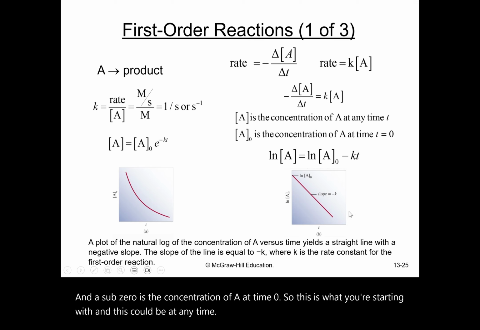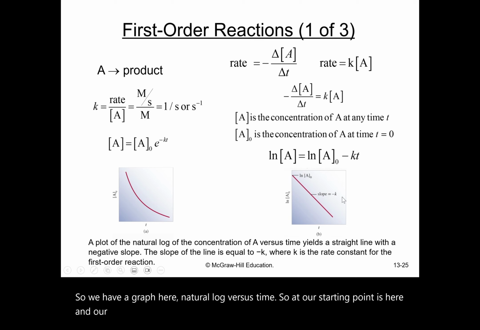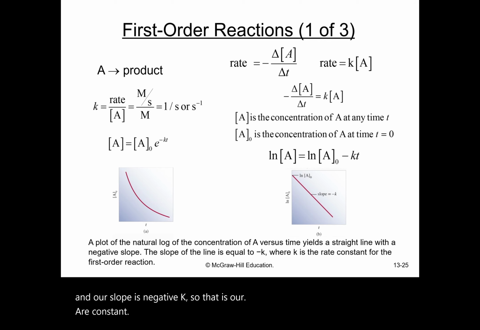So we have a graph here, natural log versus time. So our starting point is here, and our slope is negative K, so that is our constant. So from the slope we can get K. The slope is negative because the line is going down.